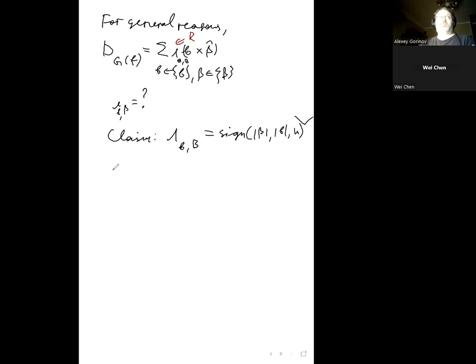We have two manifolds, so let me put both dimensions.